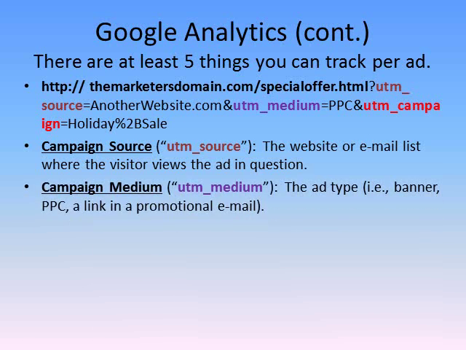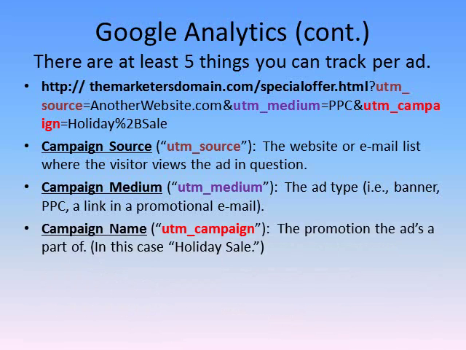The campaign medium, UTM underscore medium. The ad type, banner ad, pay-per-click ad, email ad, whatever it happens to be. Right? And campaign name, UTM underscore campaign, the field name. And that's just the promotion the ad's a part of. And in this case, we said it was holiday sale.